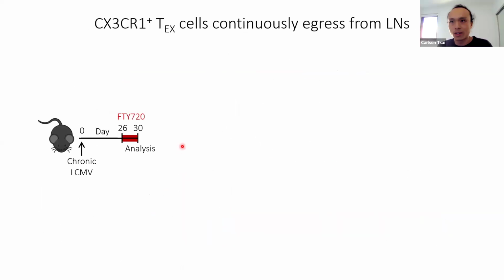We further show that this is a continuous process by using FTY720, which to some degree mimics the S1PR1 knockout because it targets the S1PR1 signaling pathway and inhibits receptor signaling.